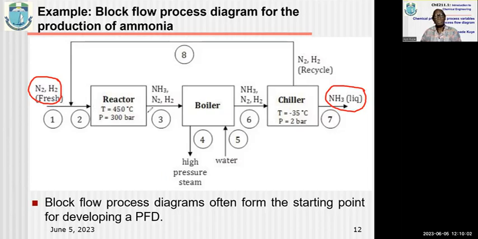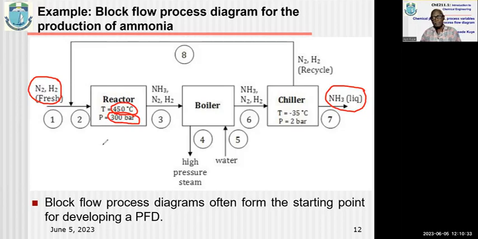So we have that coming into the system, and then it goes into a reactor. And you can see that we've already given some specifications here. We've given the temperature within the reactor. We're also given the pressure within the reactor. We'll say that the pressure is 300 bar.